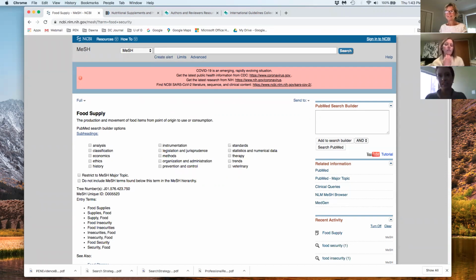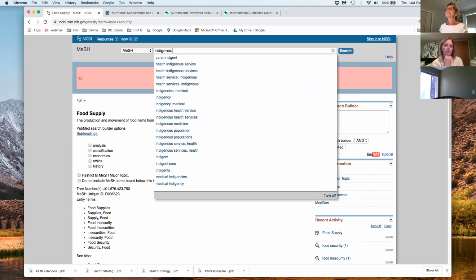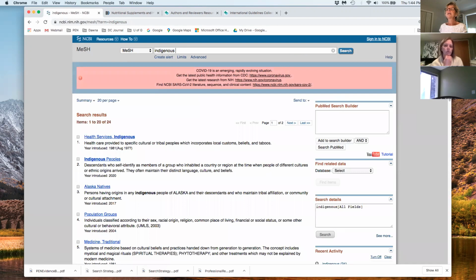Could you look specifically at a population that's being impacted by food security? Okay, so for example, maybe Indigenous populations? Okay, let's just do very broadly Indigenous. So there is Indigenous peoples.